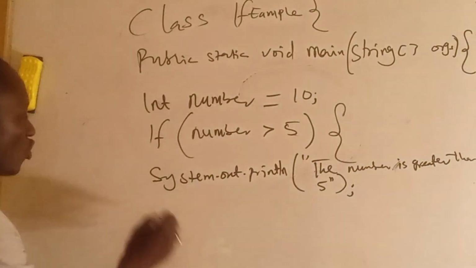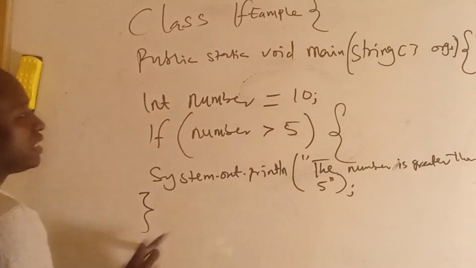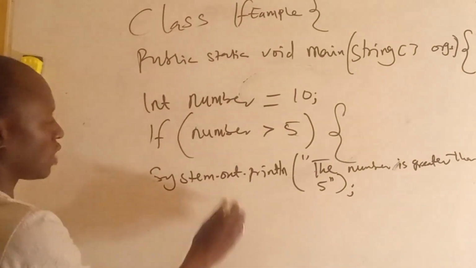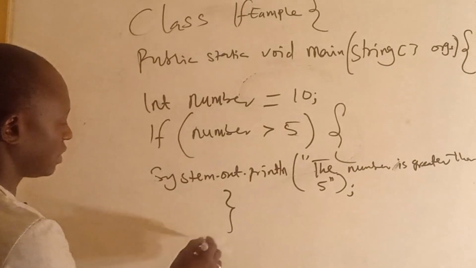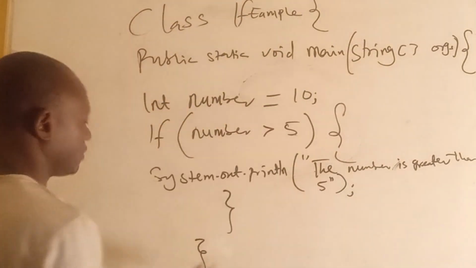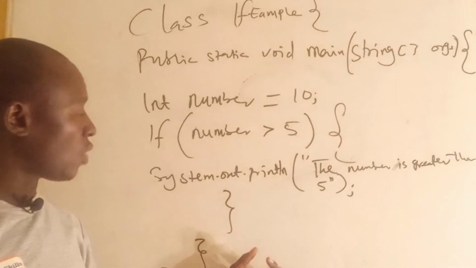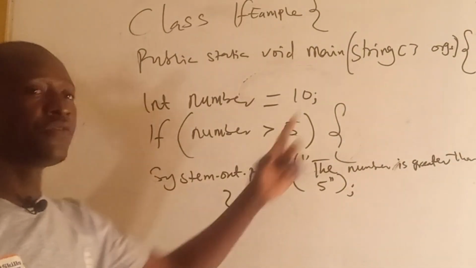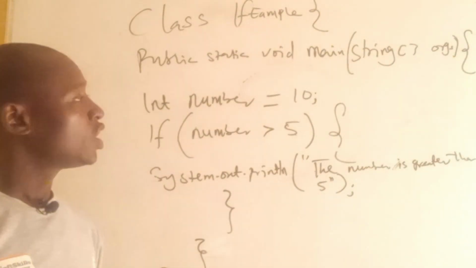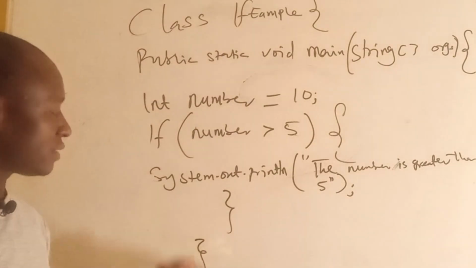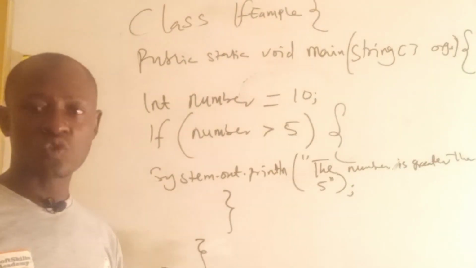Are you together? So you might decide to end your program here. This closes this, or you can come here, this closes this. Then this closes that one, then this closes this. So this is the typical if statement in Java. Sometimes you might decide to end the program also.